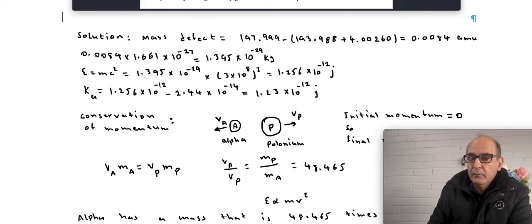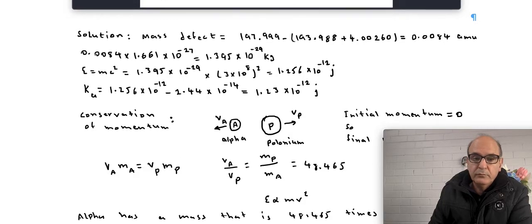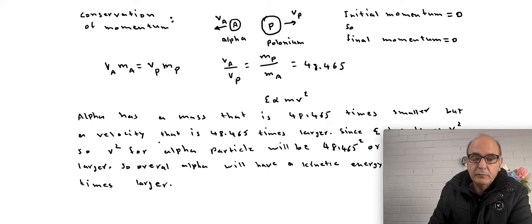Momentum is mass times velocity. So if we show the velocity of the alpha particle with VA and its mass with MA, then VA times MA equals the momentum of polonium, which is VP times MP, where VP is the velocity of polonium and MP is its mass.